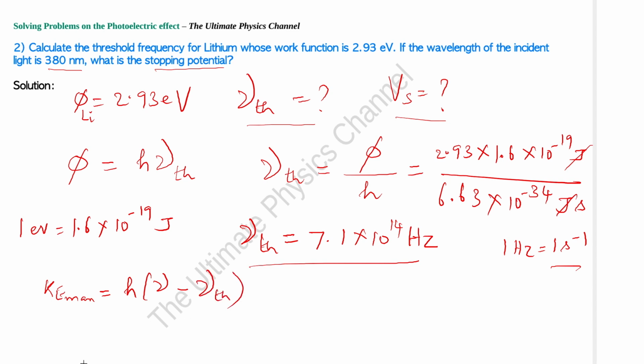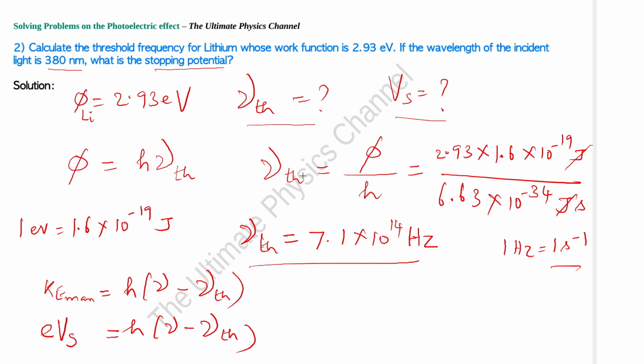This is one of the expressions that we have already seen while discussing the essential concepts for solving these problems. And we know that this KE max is related to the stopping potential as the charge of the electron, e, times V suffix S, is equal to h nu minus nu threshold.